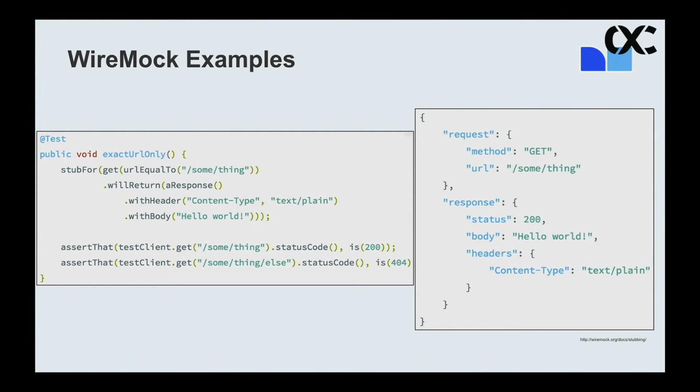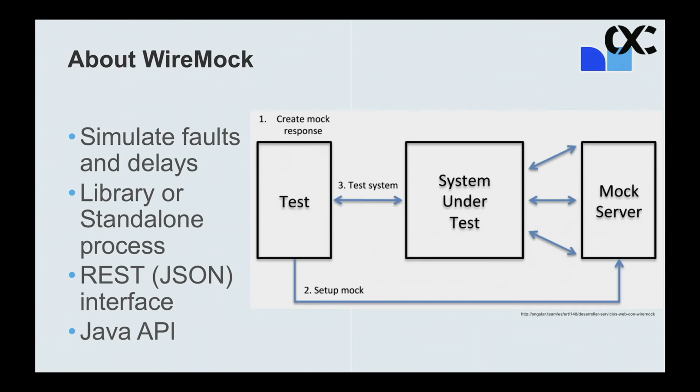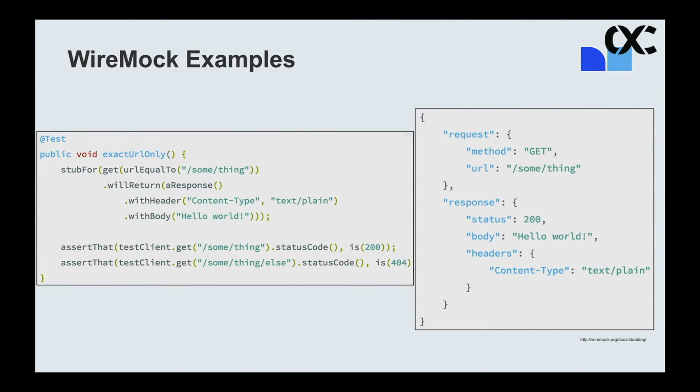And here you have the same: you have the URL here, and you give the response 200 OK with hello world. And then you can test that this URL will give 200 OK, and everything else will just give 404. It doesn't answer anything you don't specify, because it's a stub.